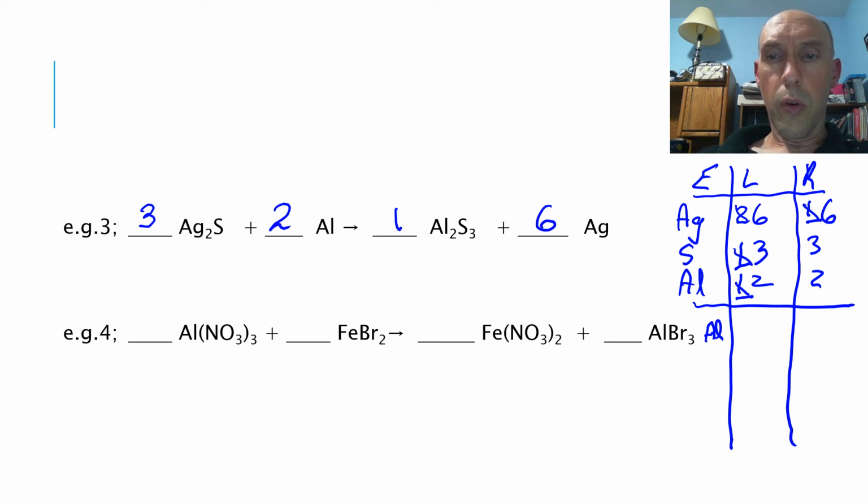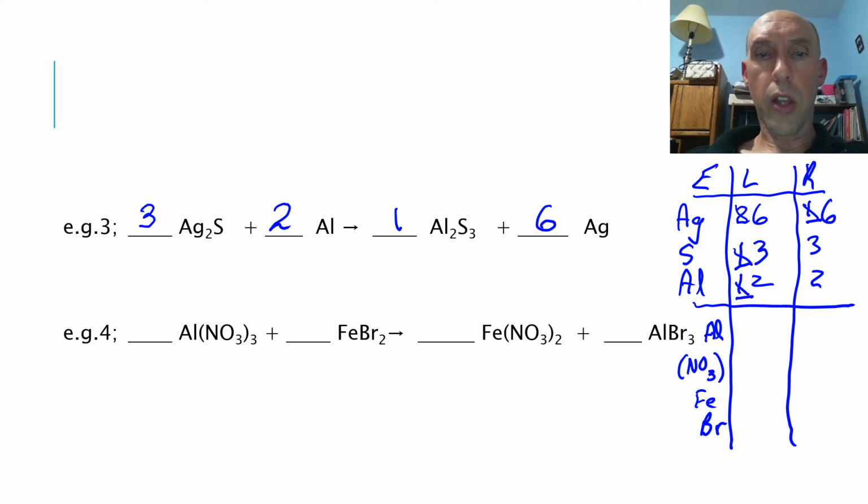So some people, what they'll do is they'll go NO3. They'll talk about those NO3 groups as groups, Fe and Br. Sometimes that NO3 package works, sometimes it doesn't. You have to look to see if all the nitrogen and oxygen always stay together as a package, because sometimes they do and sometimes they don't, and it only works if it stays together.